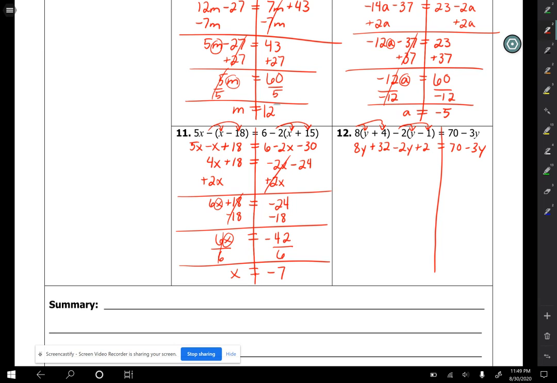Combine like terms over here. 8y minus 2y is 6y plus 32 plus 2 is 34 equals 70 minus 3y.